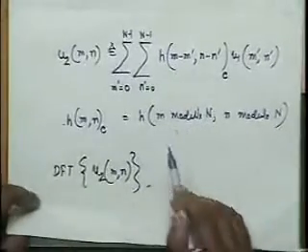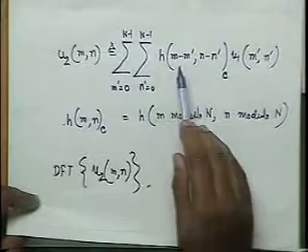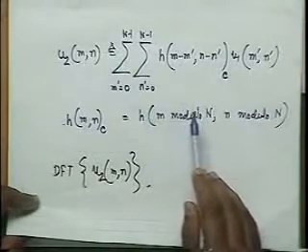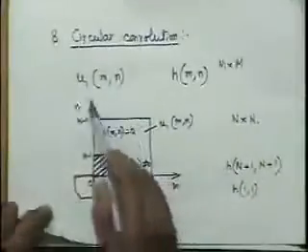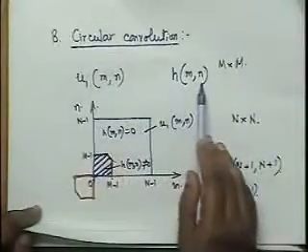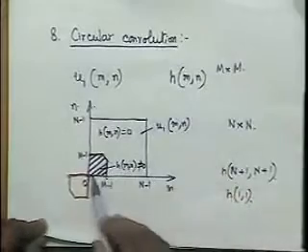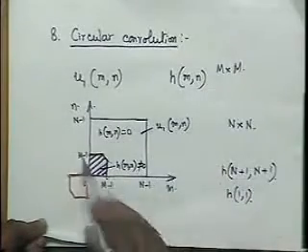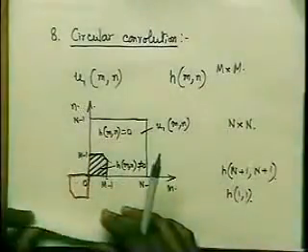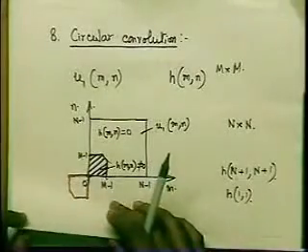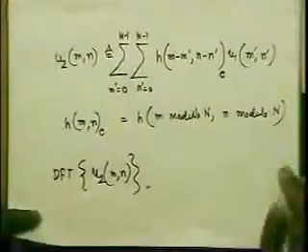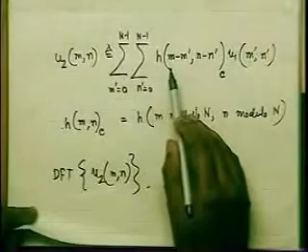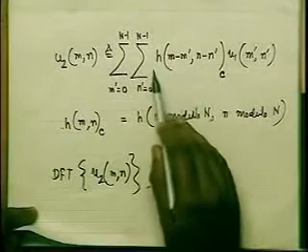Now, we have two functions basically, one is u1 of m, n and the other function is h of m, n, and we had the original coordinate system as m, n, and now we have gone over to a new coordinate system m prime, n prime. And with respect to that, the mathematical definition of the circular convolution is like this.